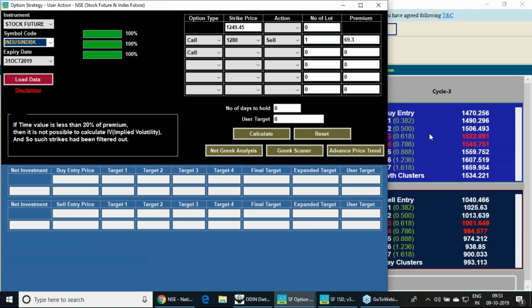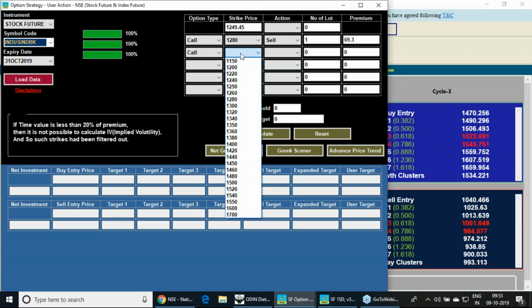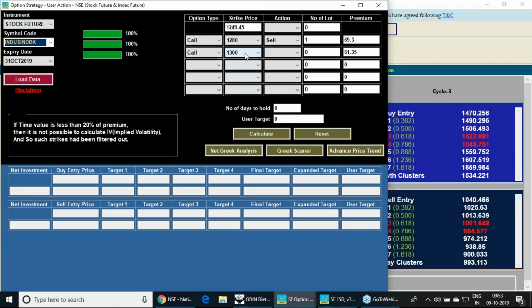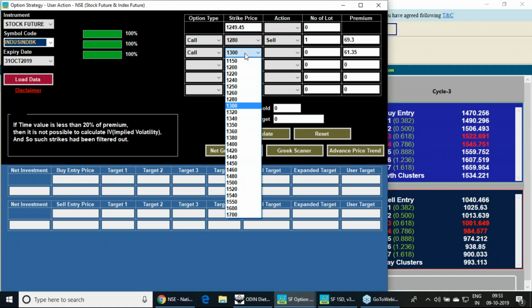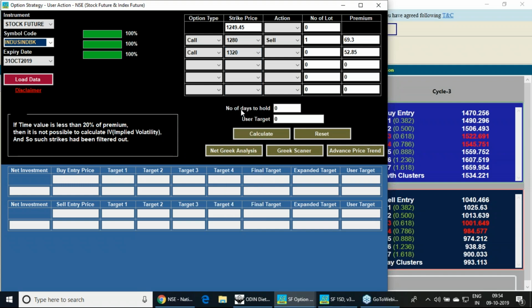And we are going for the very next strike, which is 1300. So 1300 is almost equal values, and just a little bit more I am going for. 1317 value I can go for. 1320 I am going for some 40 rupees. So I am going for buying 2 lots. 1317 I am having 0.618.